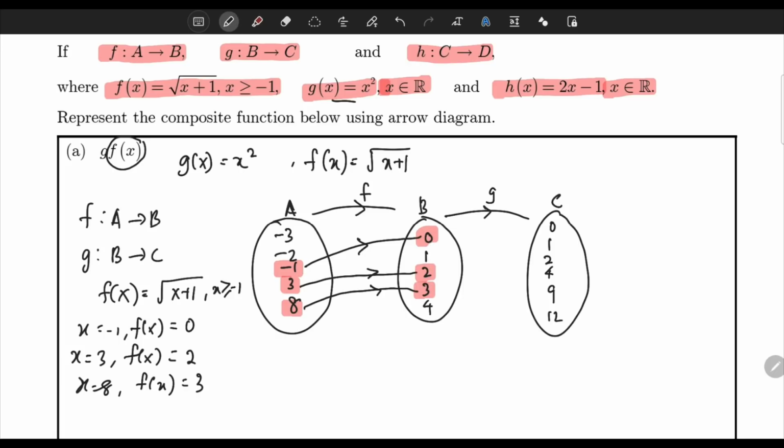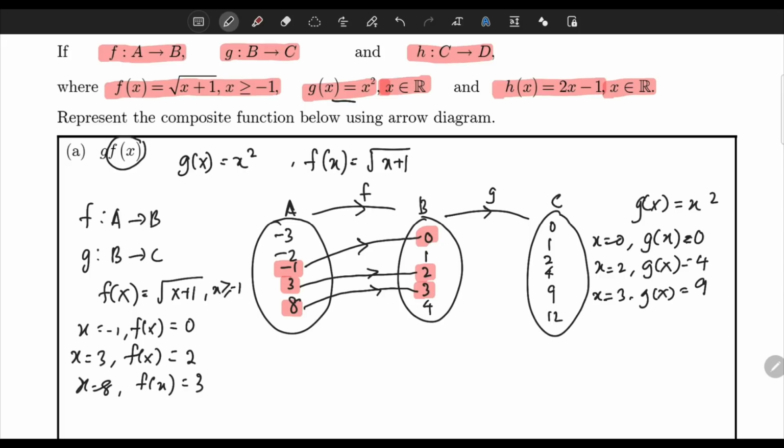Next we are going to do g from B to C. Our function g(x) is x squared. When x is 0, what is g(x)? When x equals 2, what is g(x)? When x equals 3, what is g(x)? Substituting into the function, we get 0, 2 squared is 4, and 3 squared is 9.